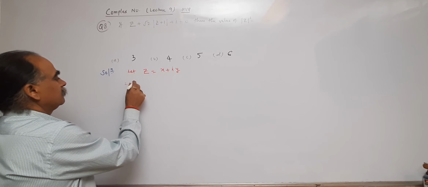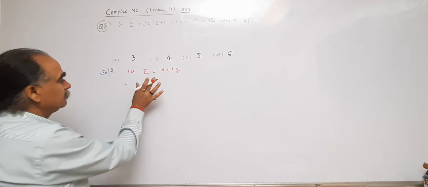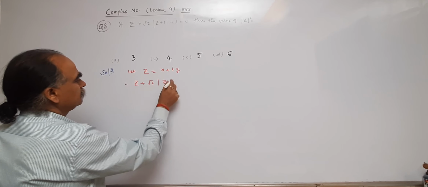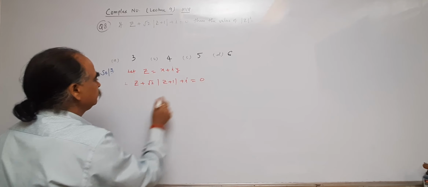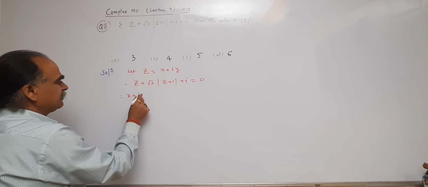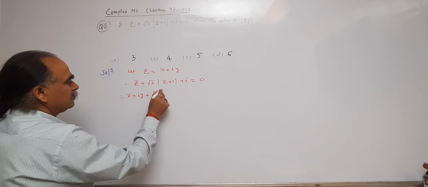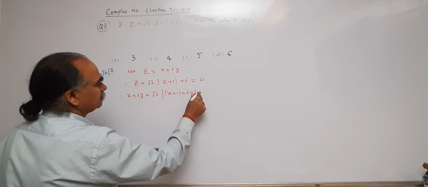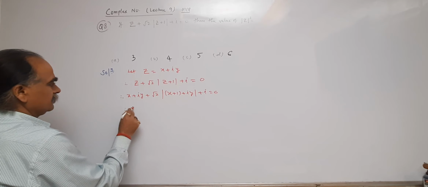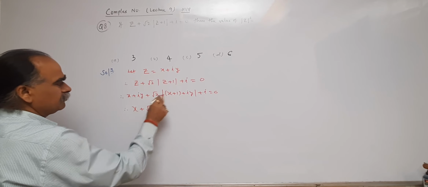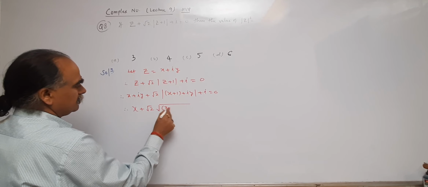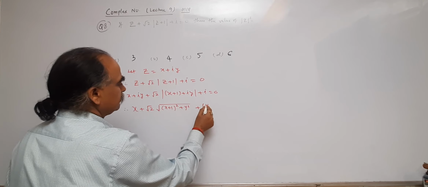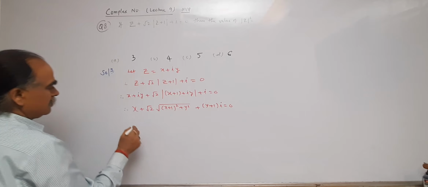Therefore, z plus root 2 into mod (z plus 1) plus i equal to 0 will become x plus iy plus root 2 into the modulus of (x plus 1) plus iy, plus i. The modulus is root of (x plus 1) square plus y square. Take i common from iy and i.